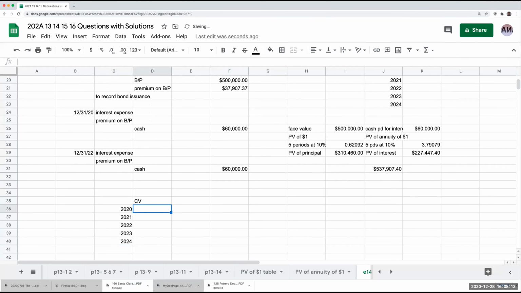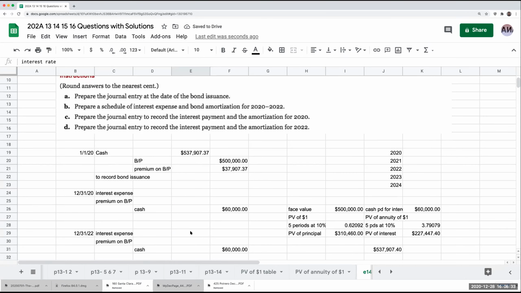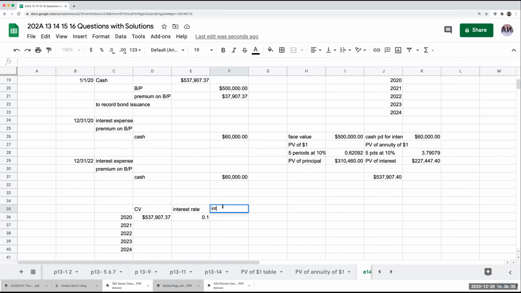My bond carrying value initially is $537,907. The premium gets added to the bonds payable to show the total carrying value. My interest rate is 10%, and I'm using the market interest rate.